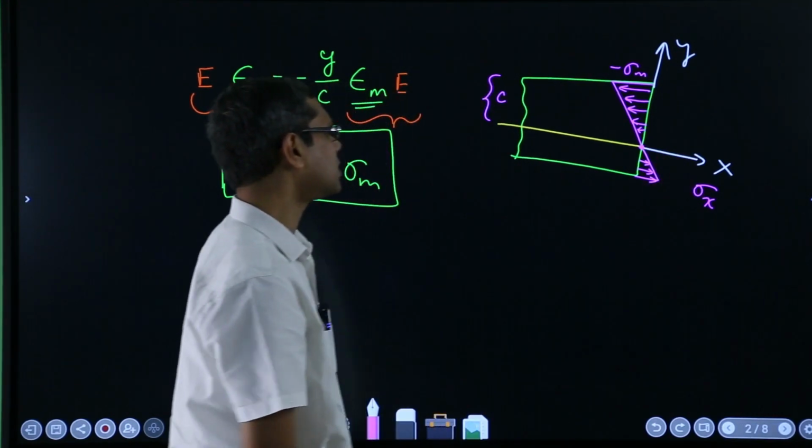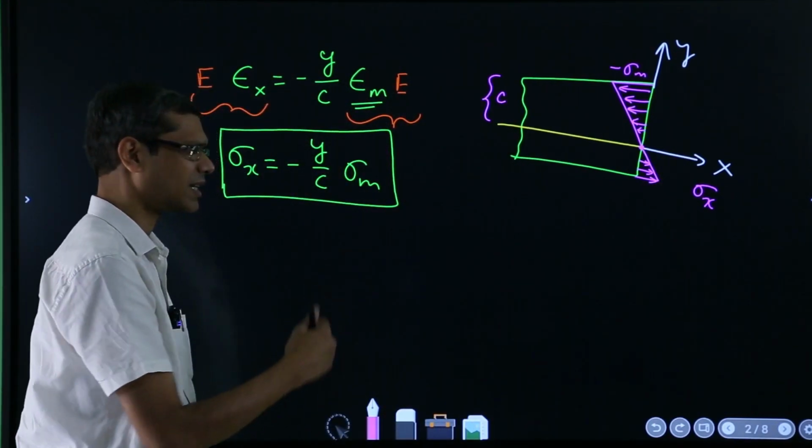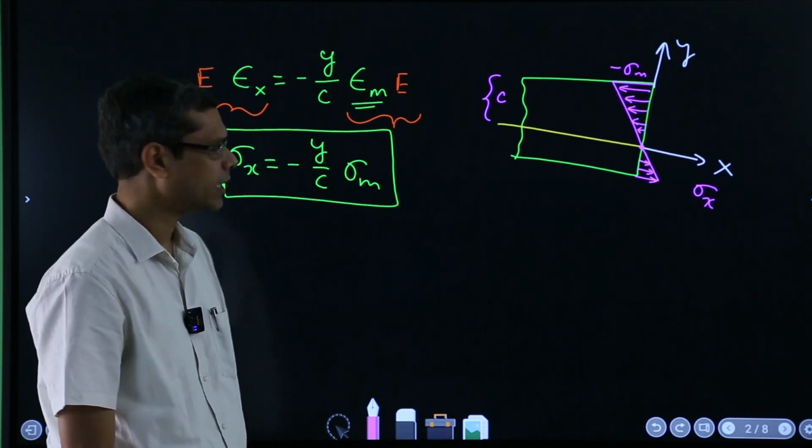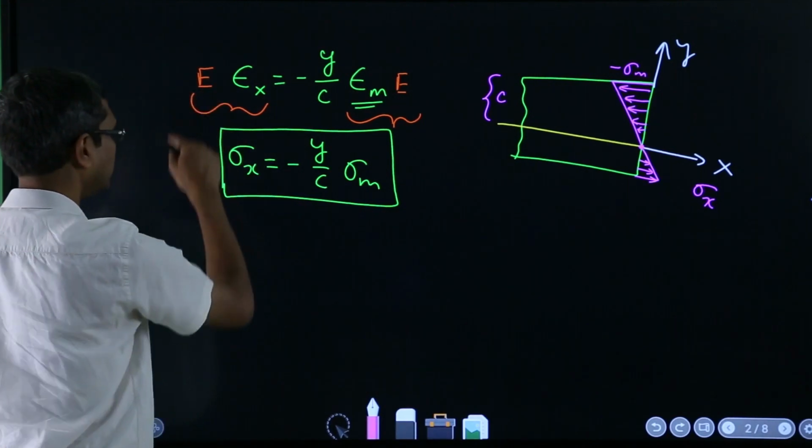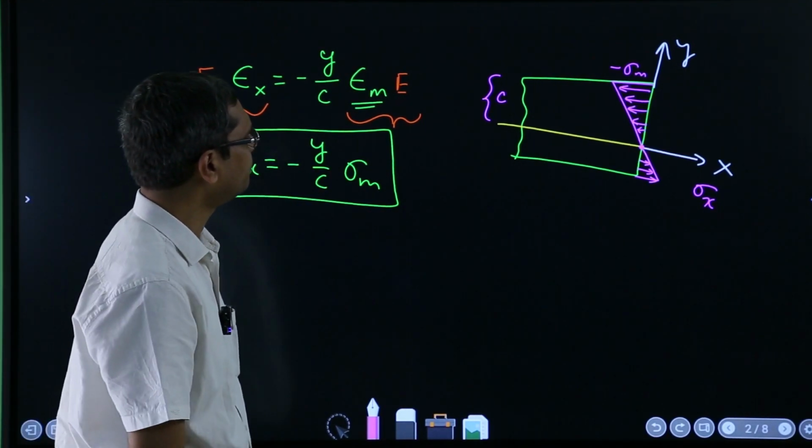That is how the stress is distributed, and strain has the same distribution, since they are proportional, just a factor of E between them.